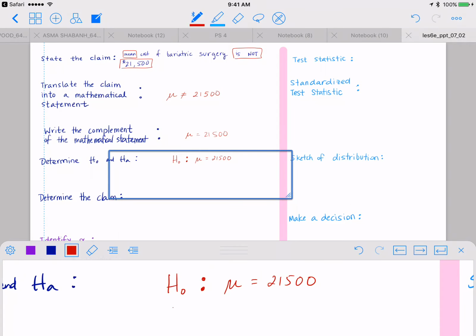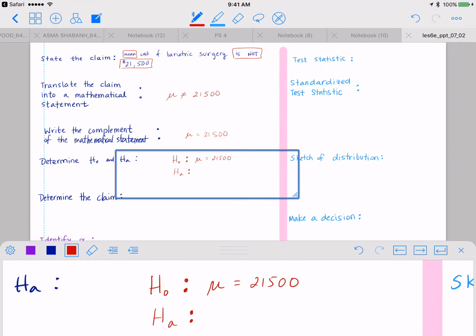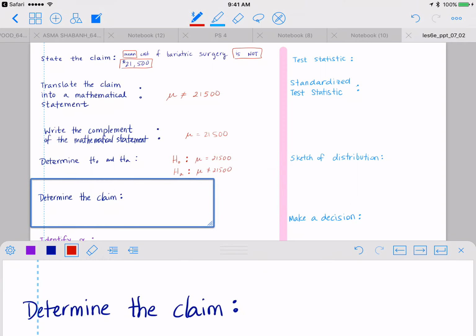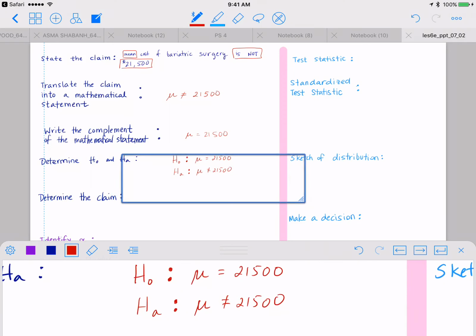And the alternative hypothesis is the statement which does not contain the equality. So mu is not equal to 21,500. And lastly, the claim in this case is going to be the alternative hypothesis.